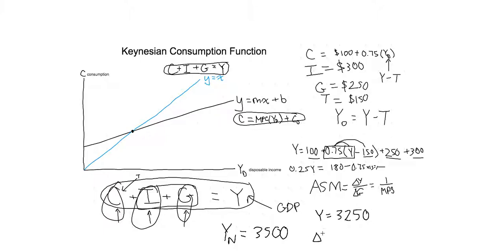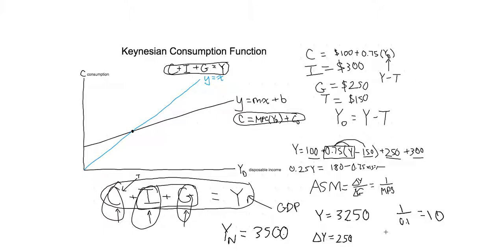So that means our delta Y, what we need to do in order to get from here to here, is we need to add $250 billion into the GDP. And to do that, let's say the marginal propensity to save is 0.1, right? So this equals 10, right? So the ASM, autonomous spending multiplier, is 10.